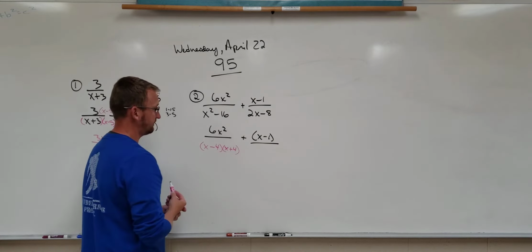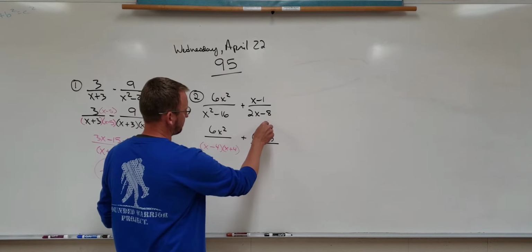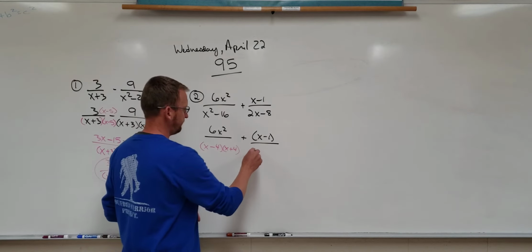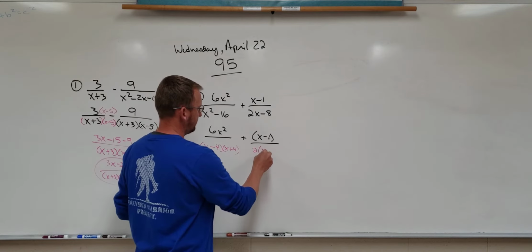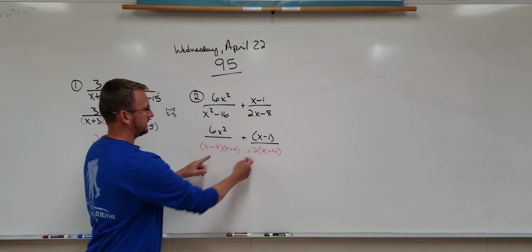Plus 4, minus 4. Now we know we want to have something in common, so let's go ahead and factor this one too. What can we factor out of 2 and 8? 2, which leaves us with x minus 4. So they do have one thing in common.